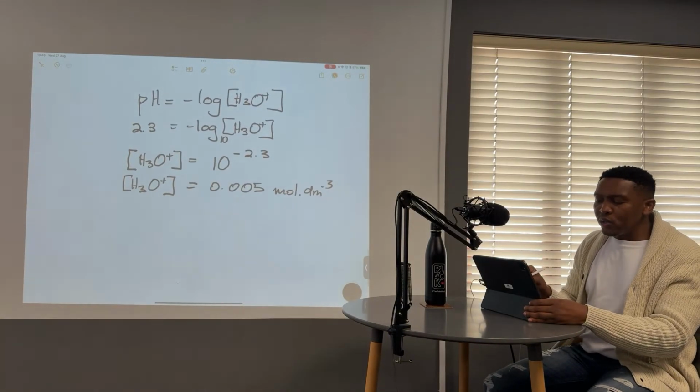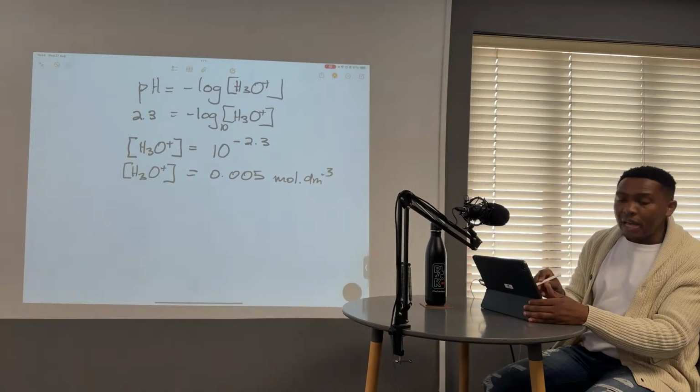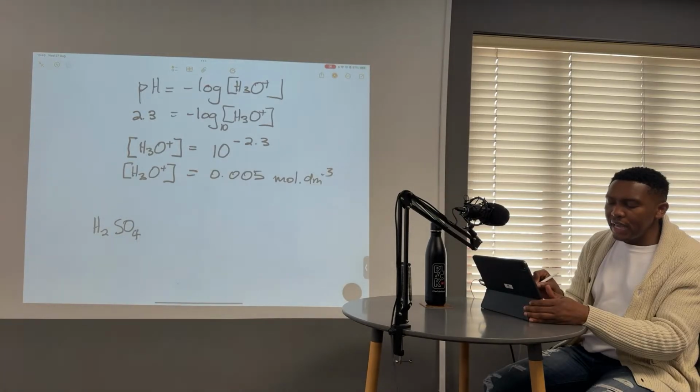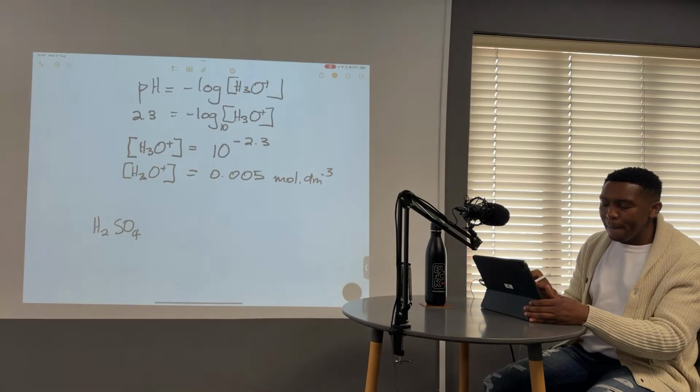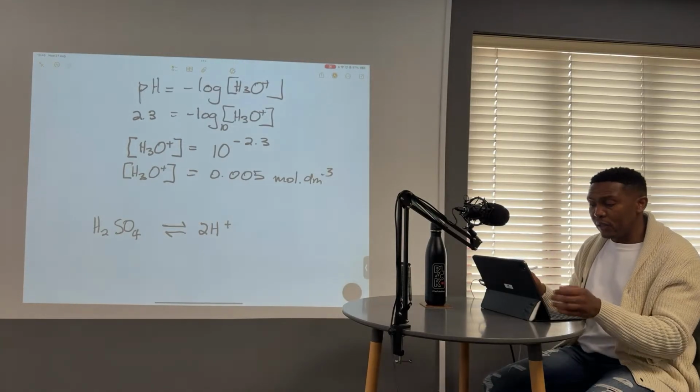So I'm now going to say, right, I've got the concentration of the hydronium ions, but how does sulfuric acid ionize? We said H2SO4. What type of acid is it? It's a diprotic acid, right?